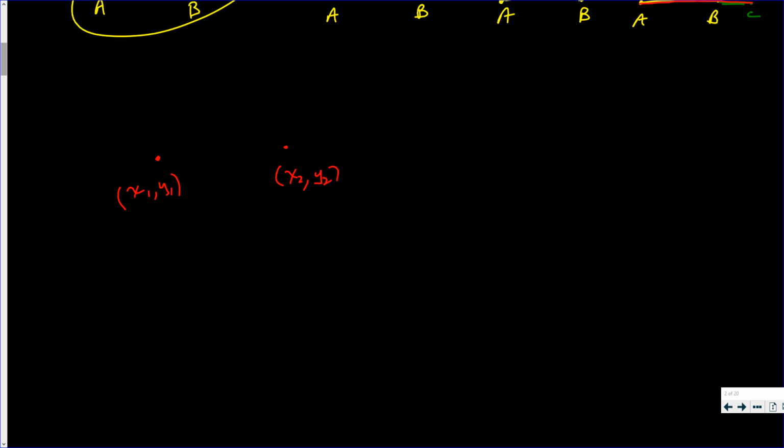I pick a third point, call it x, y, and I tried my best to make the 3 points collinear. Now, we want to describe the relationship between x and y.